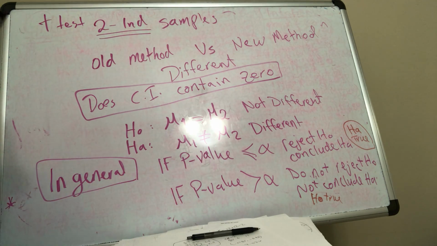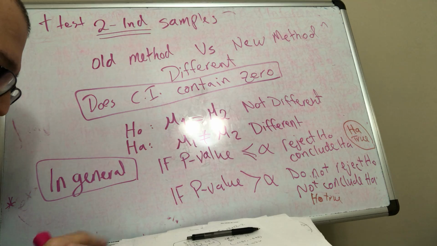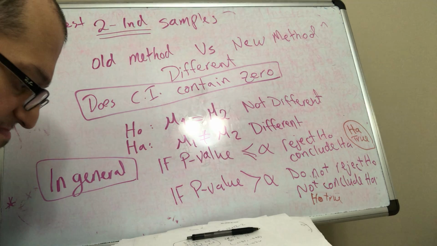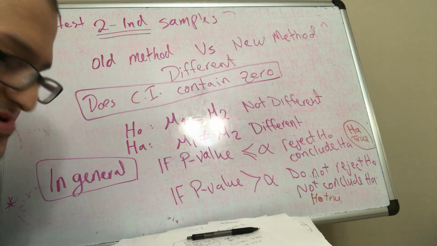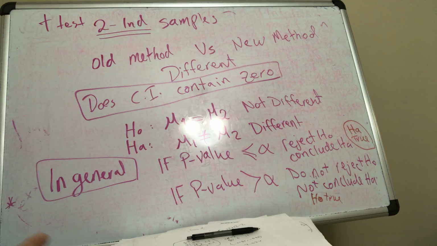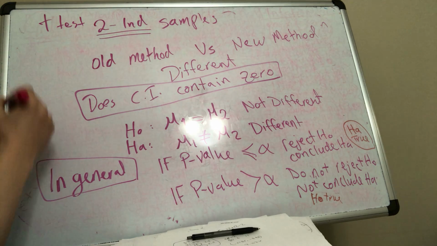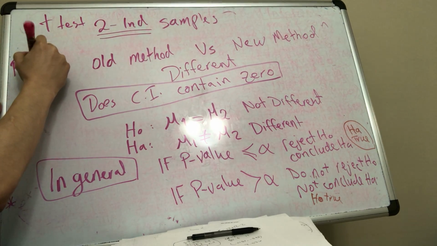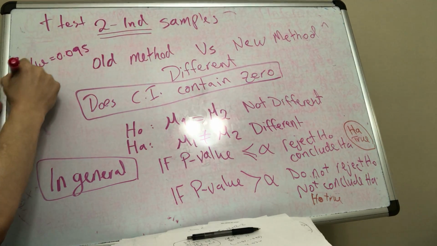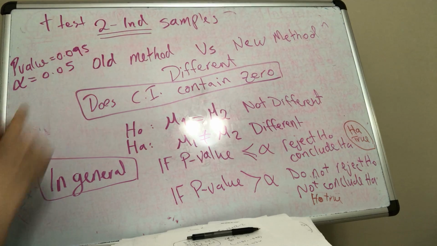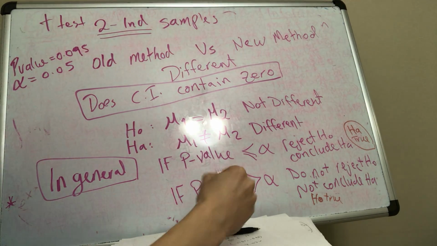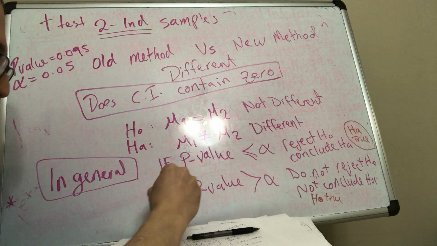So going back to the actual question, they tell you to assume that your p-value is 0.095 and alpha is 5%. So they tell you p-value is 0.095, and alpha is 5%. 9 is more than 5, so your p-value is more.